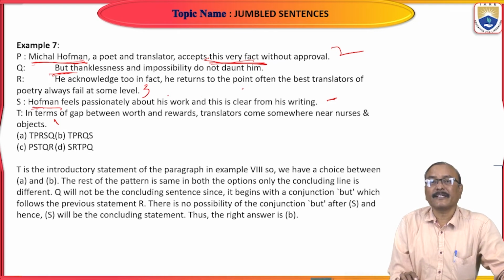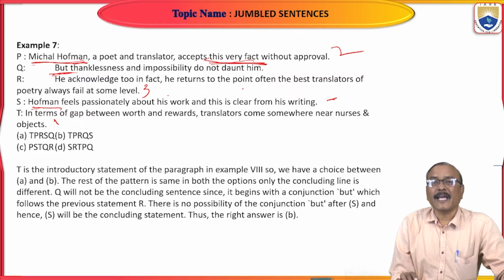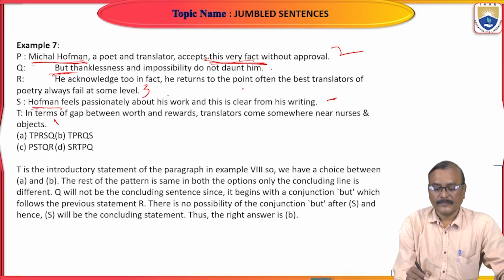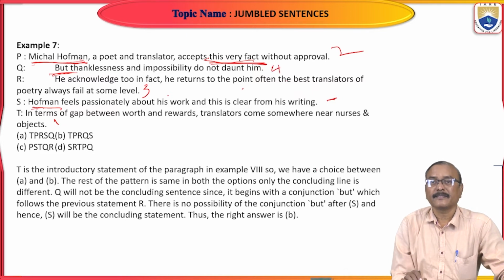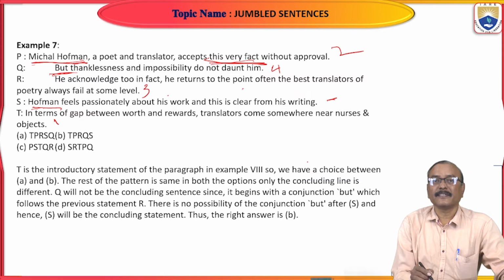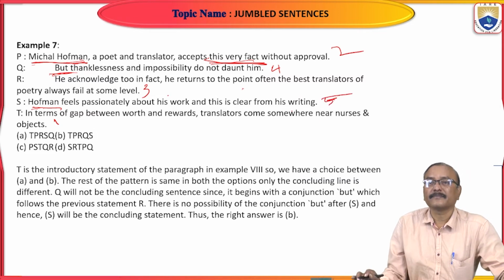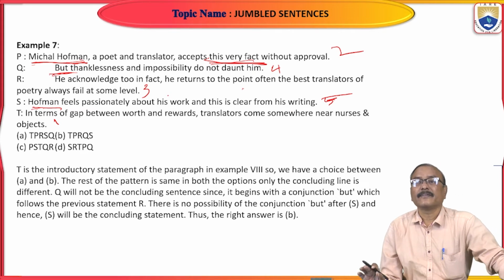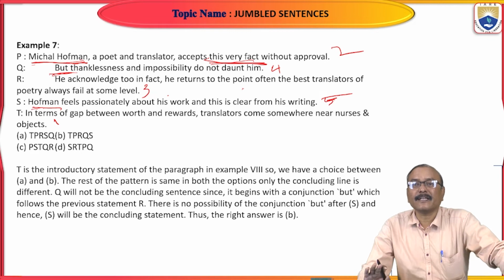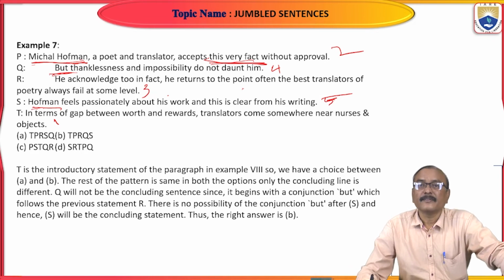The best translators of poetry always fail at some level. But thanklessness and impossibility do not haunt him. This is the fourth one. Next, the last one is this one. He feels passionately about his work and this is clear from his writing. That is the concluding statement. Right?